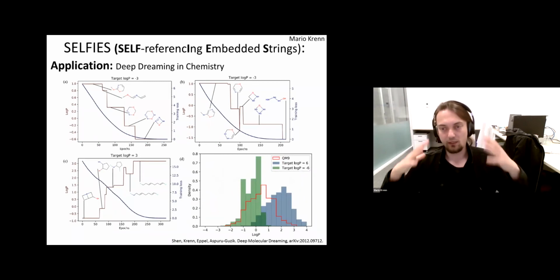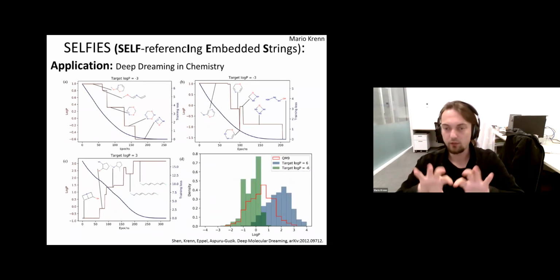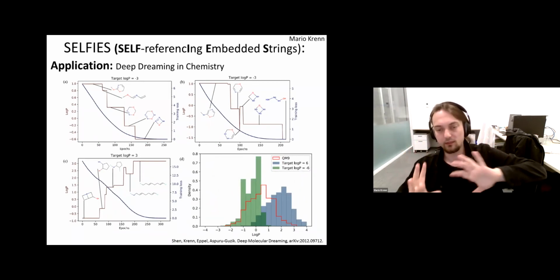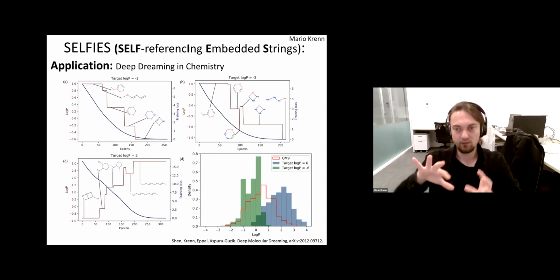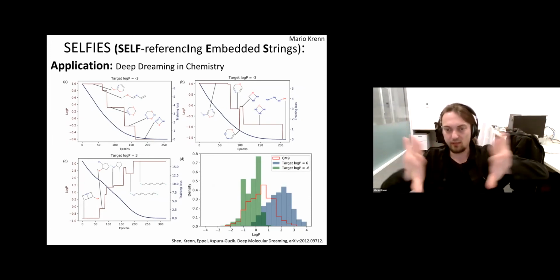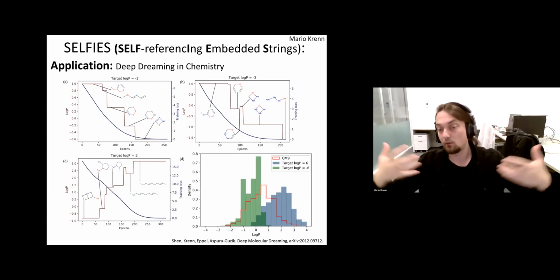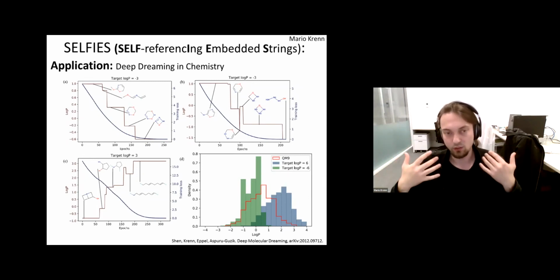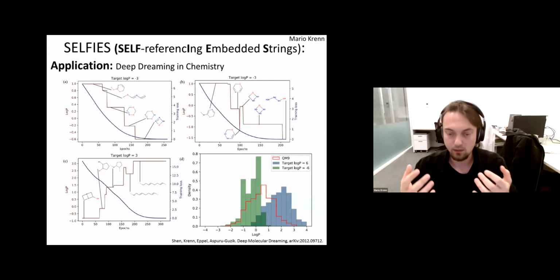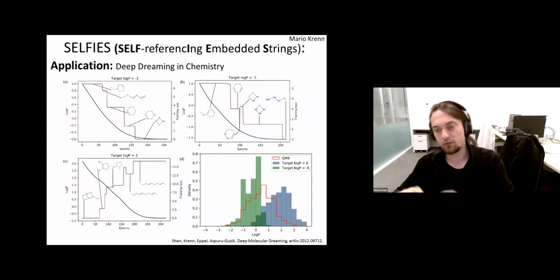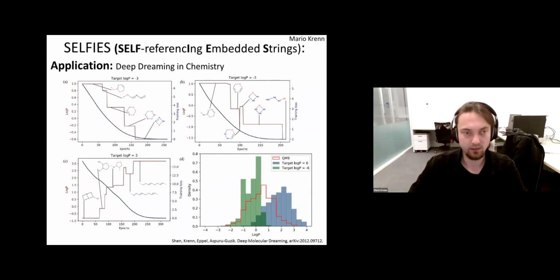And here we can take a huge set of molecules and one time take the data set, train it into the negative, and one time into the positive direction. We see that actually the distribution splits and goes outside of the data set. So not only does it produce these edge molecules, but it produces new ones that haven't been in the data set.